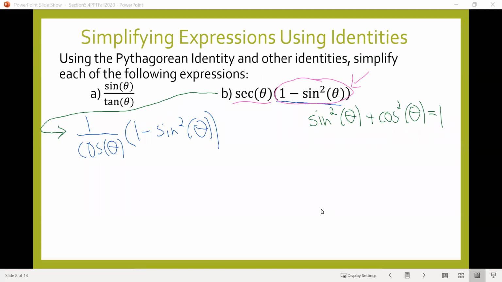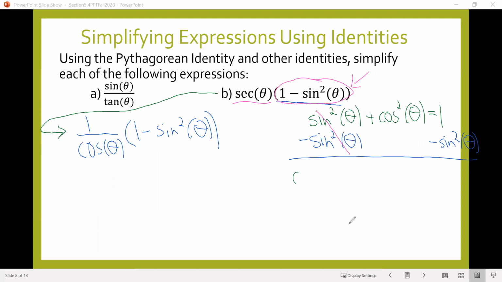Well, what if we subtracted sine squared of theta from both sides of the equal sign? Subtract it here, and also over here. Notice when I do that, on the left, sine squared theta minus sine squared theta cancels out.